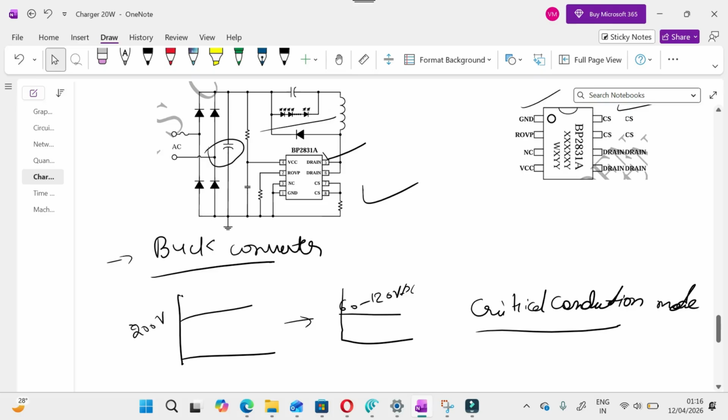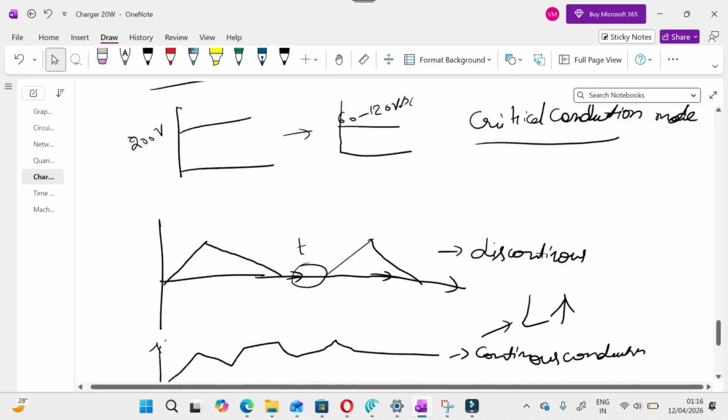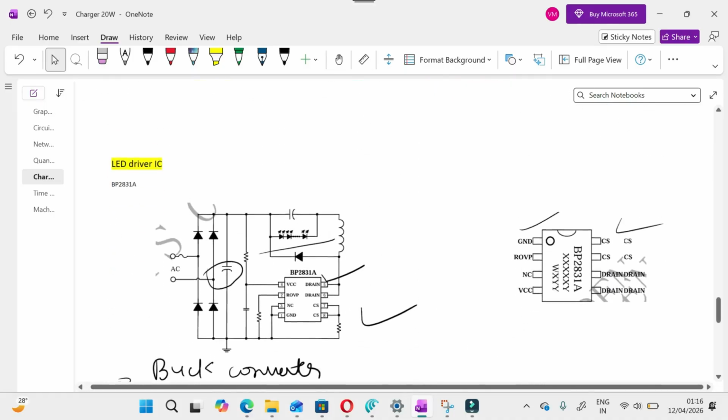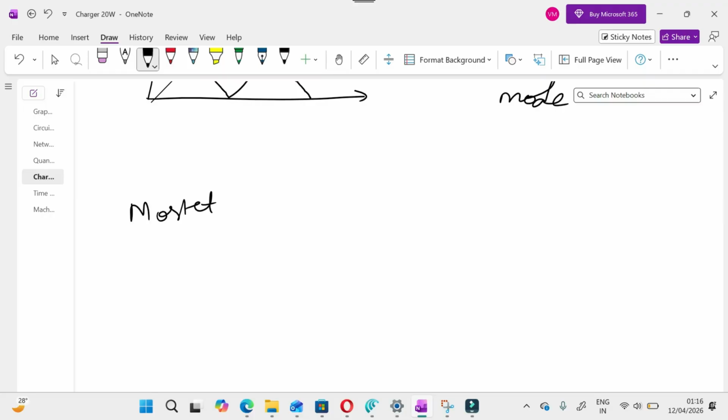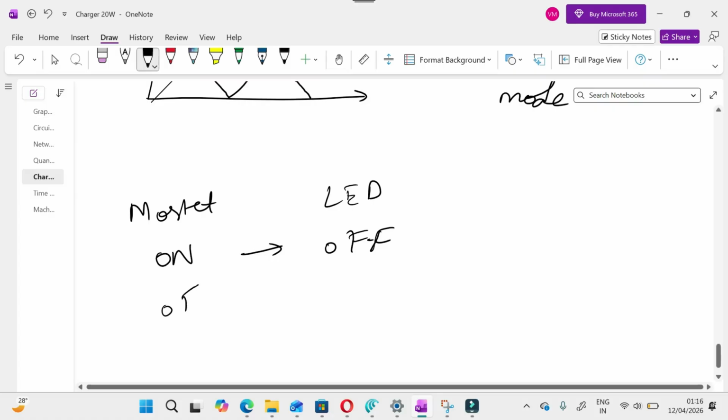So that is how the LED bulb is turned on. Whenever the MOSFET internal to the IC is turned off, then the LED is turned on. Let's just try to recollect: when MOSFET is on, LED is off. When MOSFET is off, then LED is on. That is how the MOSFET is controlling this LED bulb.